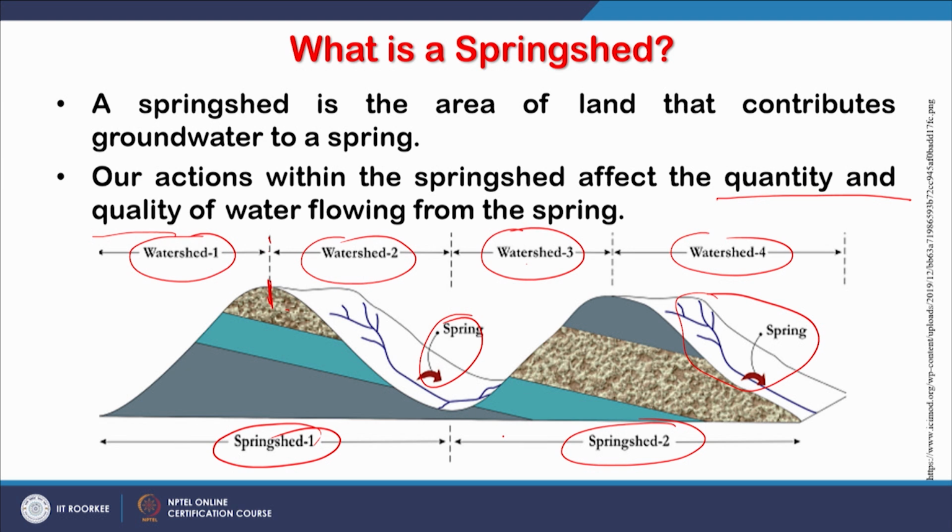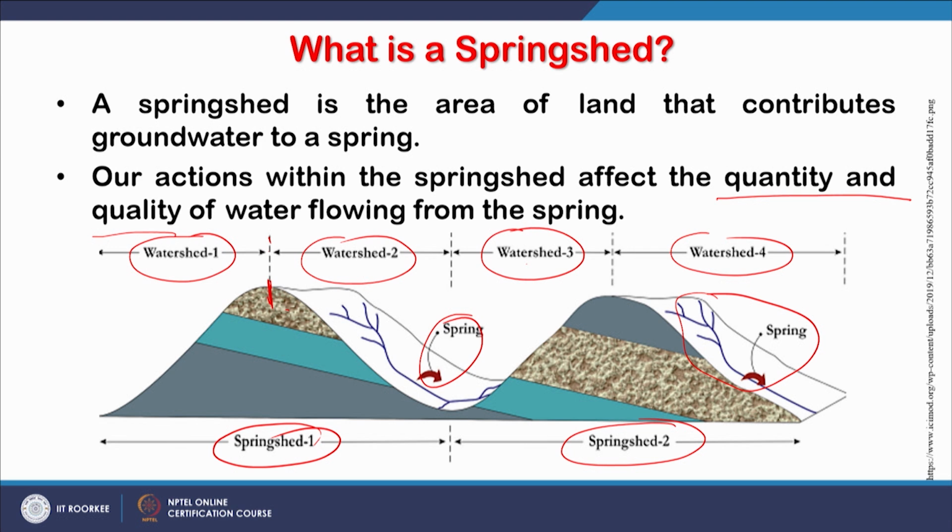So, what we understand now, with this kind of geologic arrangement, is that rocks are dipping, if I say a section, towards the east side, and they are creating 4 watersheds, but at the same time they are creating only 2 springsheds. So, what we see here is that a springshed is a larger entity than a watershed.